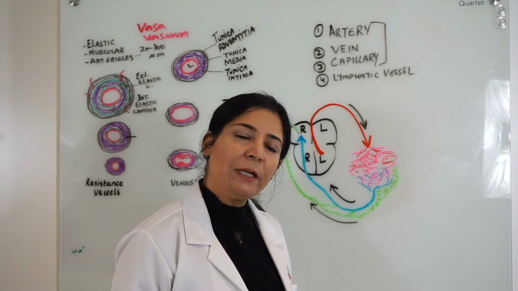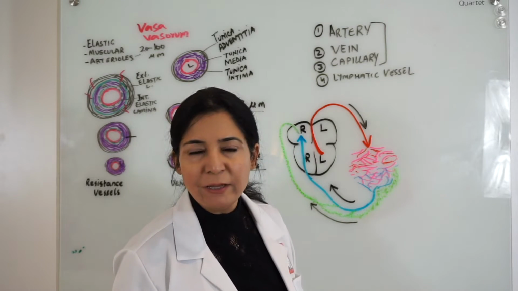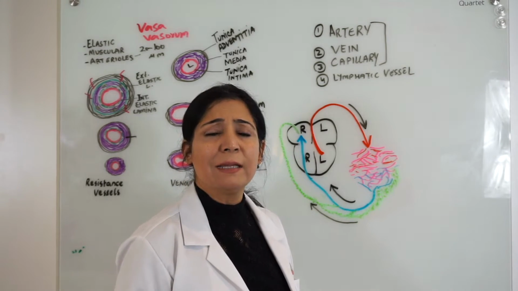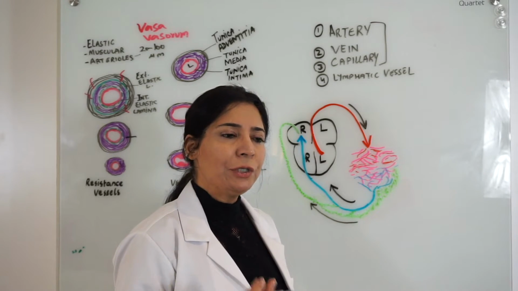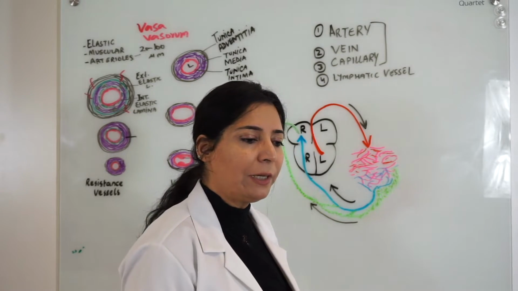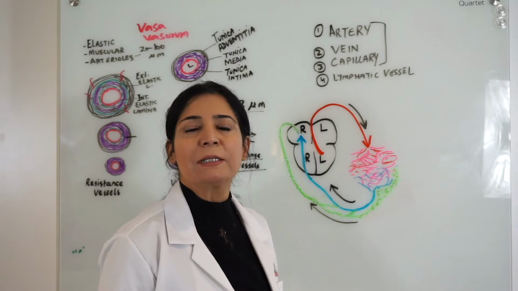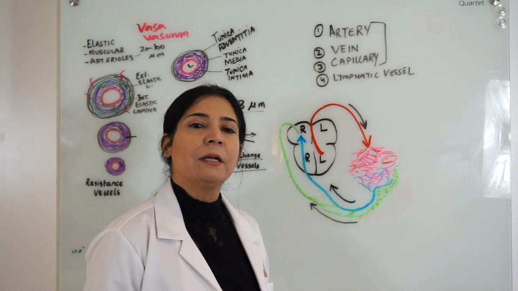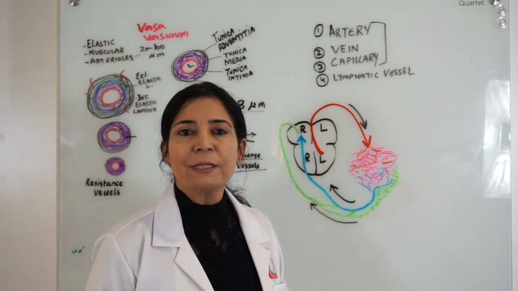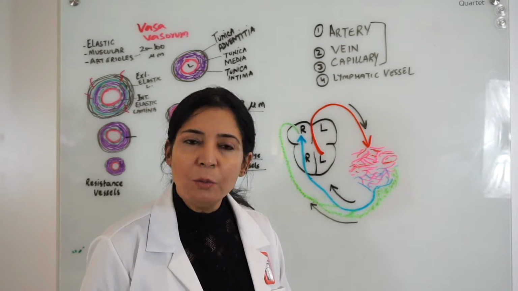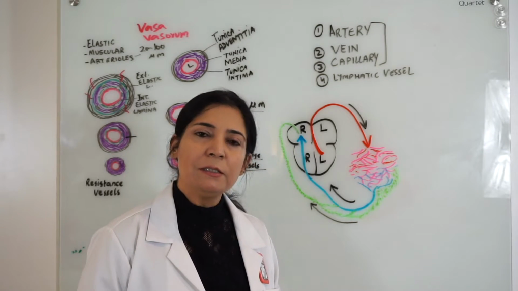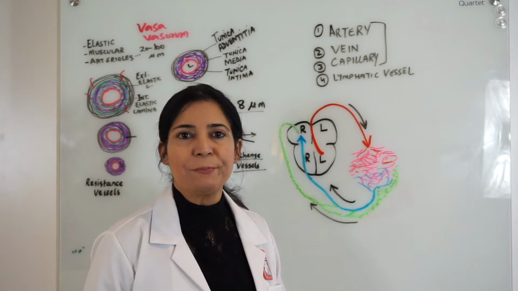What is the difference between an arteriole and a capillary or venule? That the capillaries have a very small diameter, just appropriate for the size of the red blood cells to pass through. And the blood flow across the capillary bed is very slow. That allows the exchange of materials to take place within the tissue spaces.